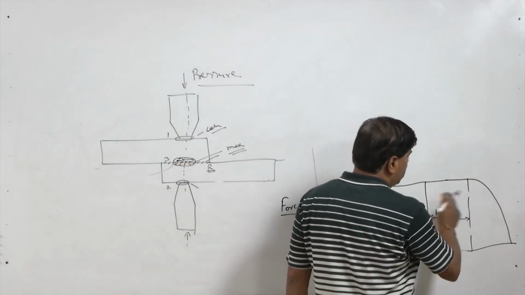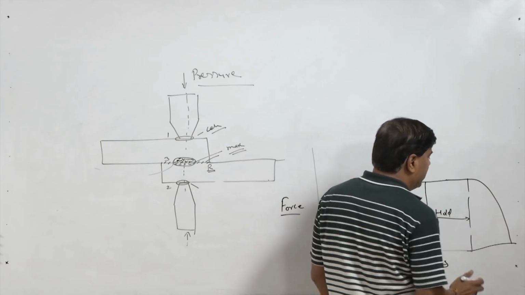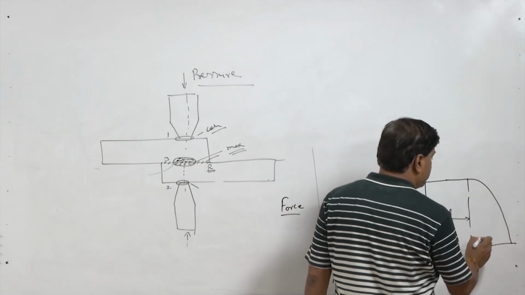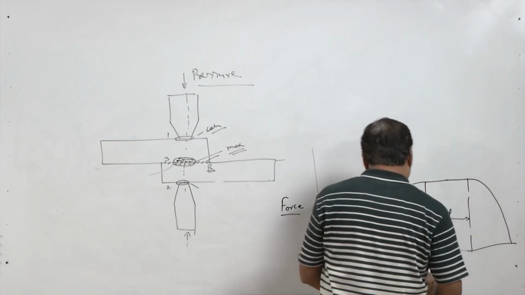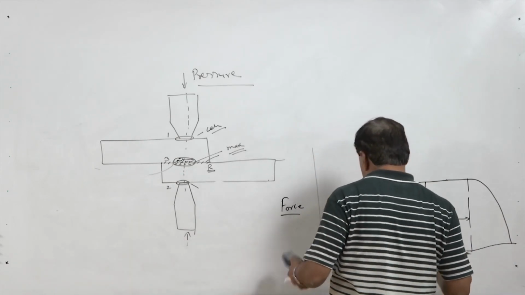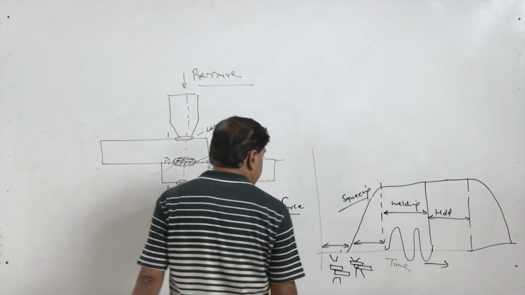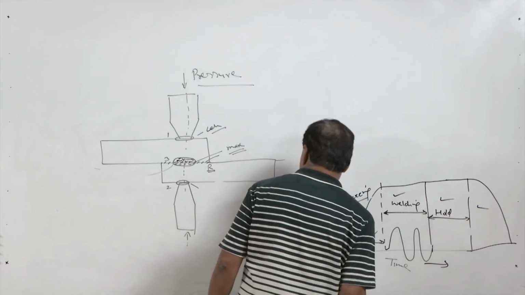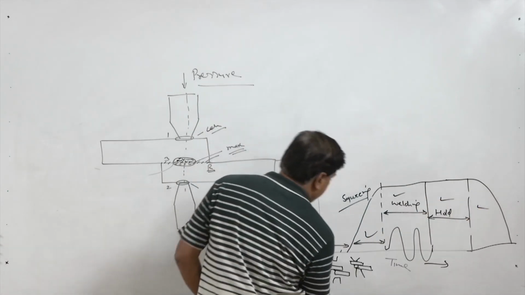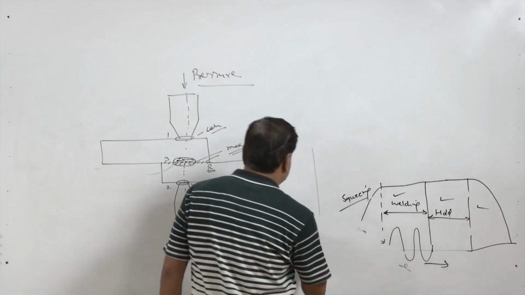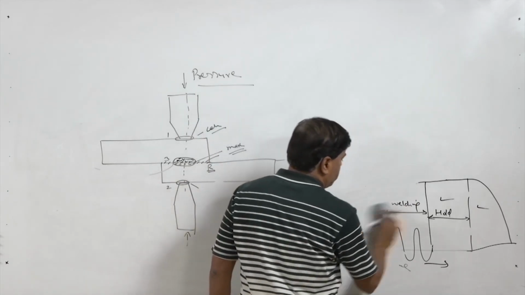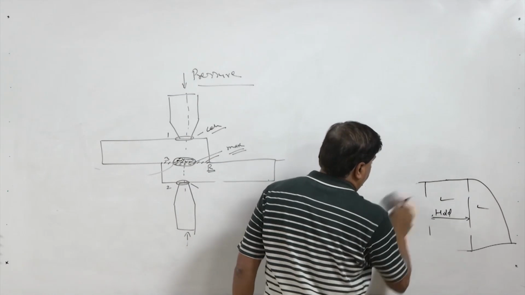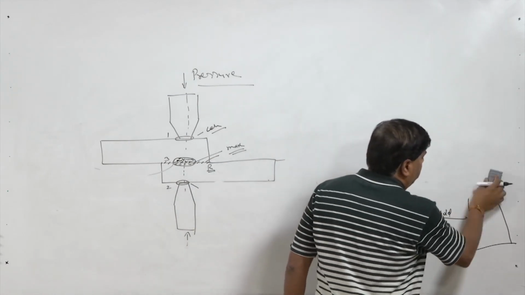Once the solidification is over, the release phase comes in, the pressure is reduced gradually, and then the sheets are taken off, and this is how the cycle is repeated. So, basically squeezing, welding, holding, and then off. This is the kind of cycle which is followed in most resistance welding processes like spot welding and projection welding.